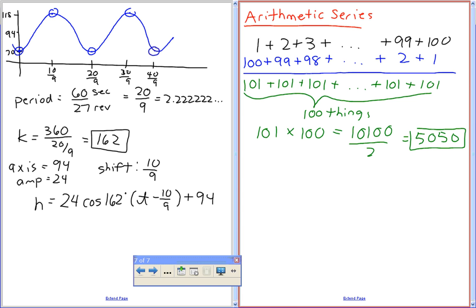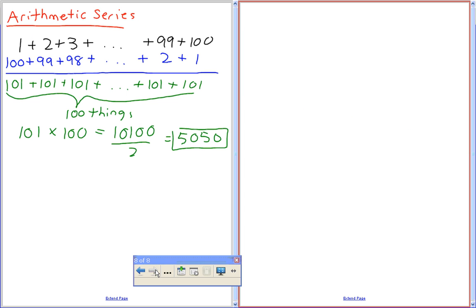This is our lesson today. What a series is, if I can find my notes. A series is just the sum of the terms of a sequence.